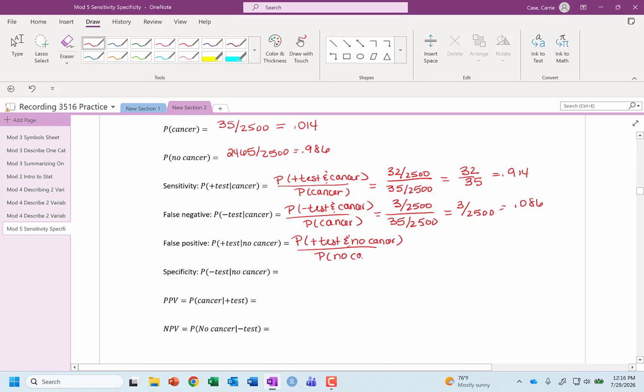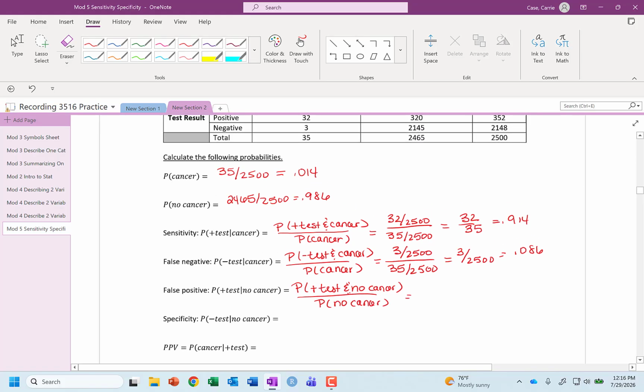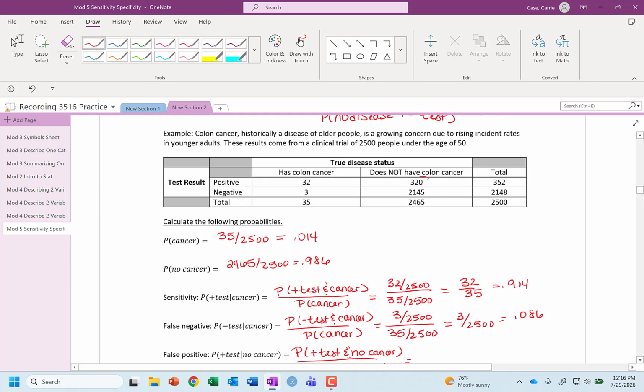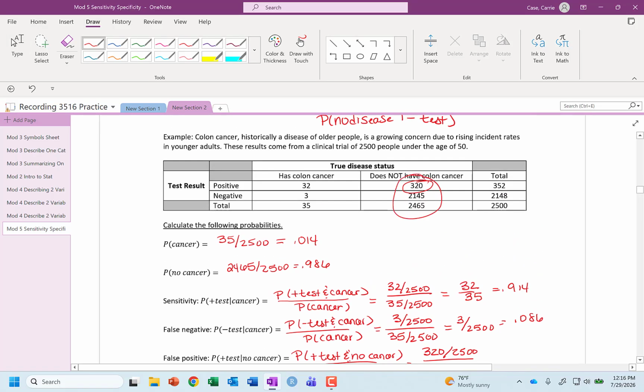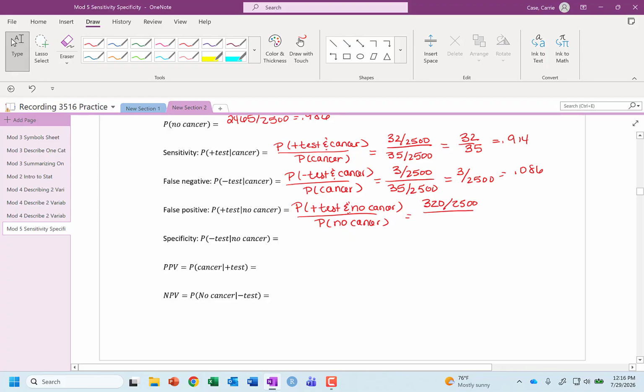Probability of no cancer. So positive test result and no cancer is 320 people. So that's 320 over 2,500. And the number of people who had no cancer was 2,465 total. 2,465 over 2,500. And that's 320 over 2,500, which is 0.130.